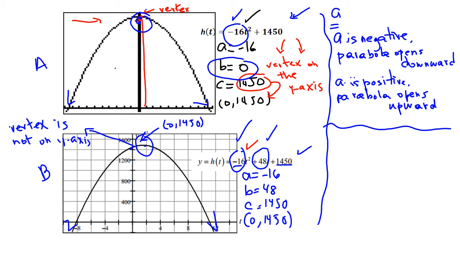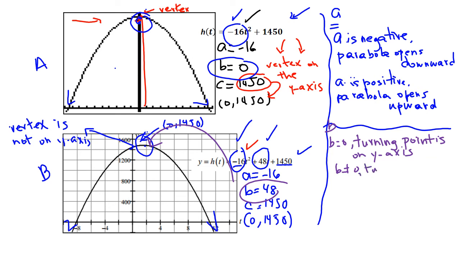So we're going to say when B is 0, the turning point, remember that we call that turning point the vertex, is on the y-axis. When B is not 0, like this example right here, the turning point is not on the y-axis.